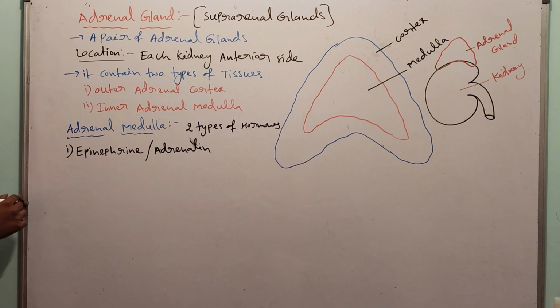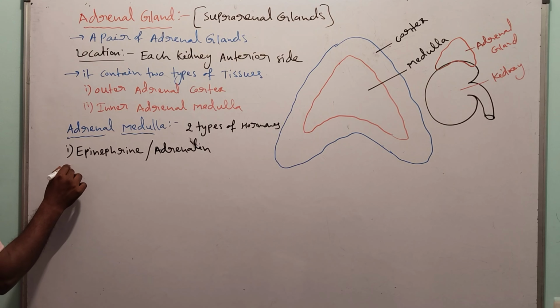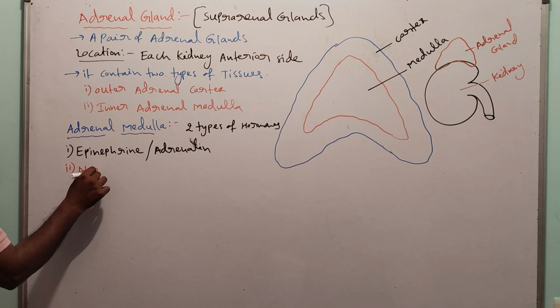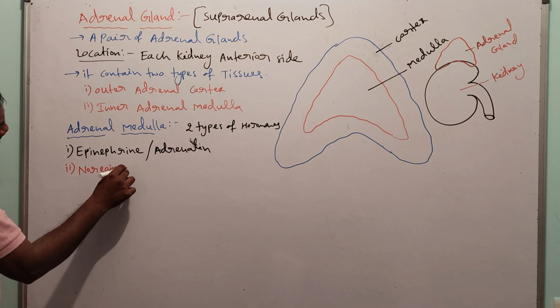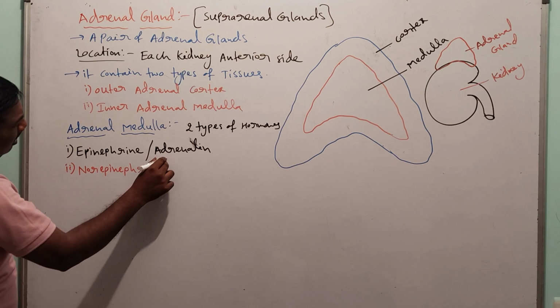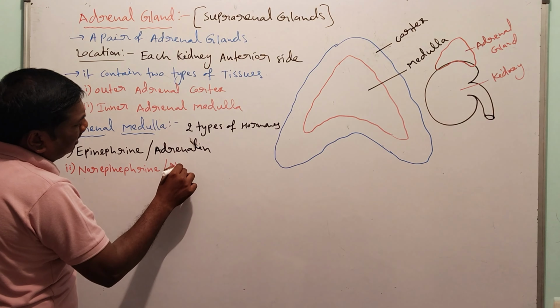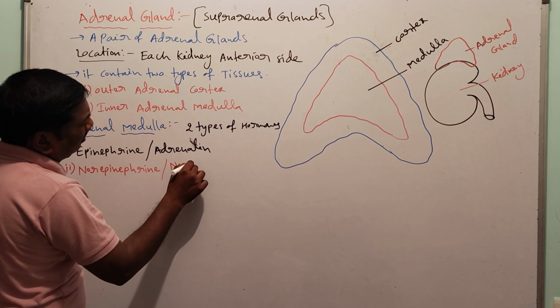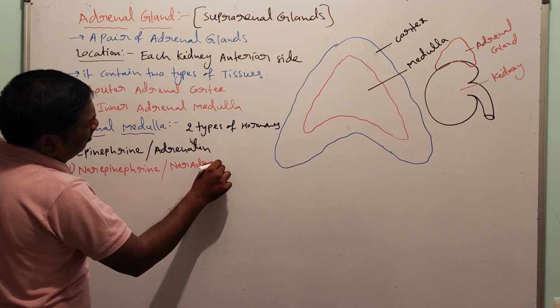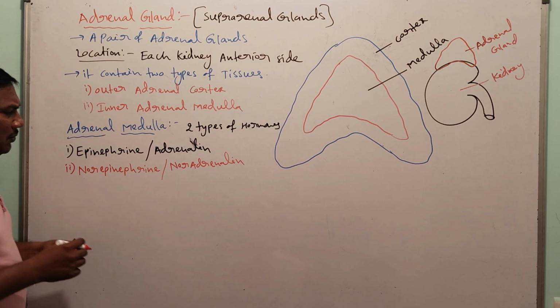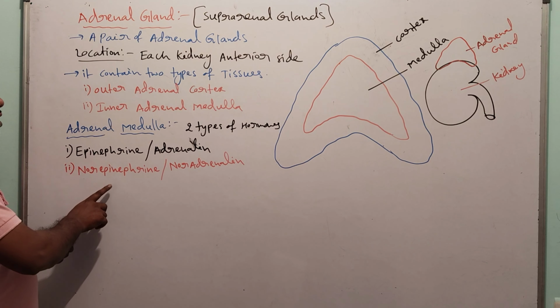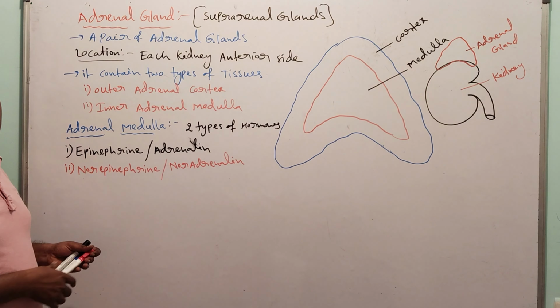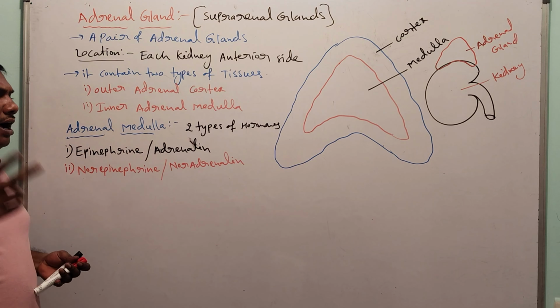The other is norepinephrine or noradrenaline. So the two hormones secreted are epinephrine and norepinephrine, or adrenaline and noradrenaline.